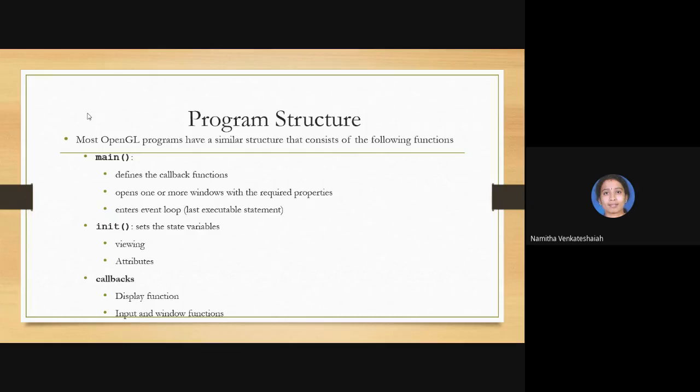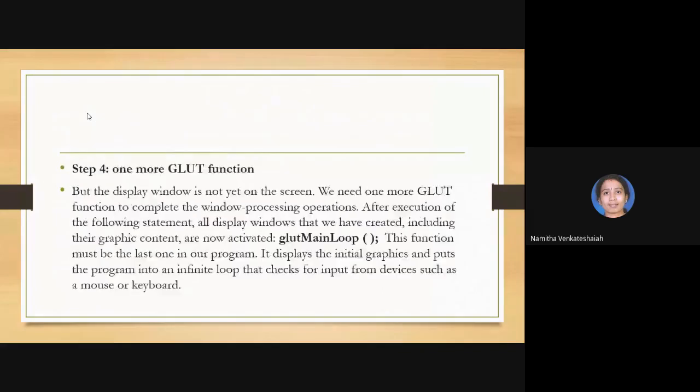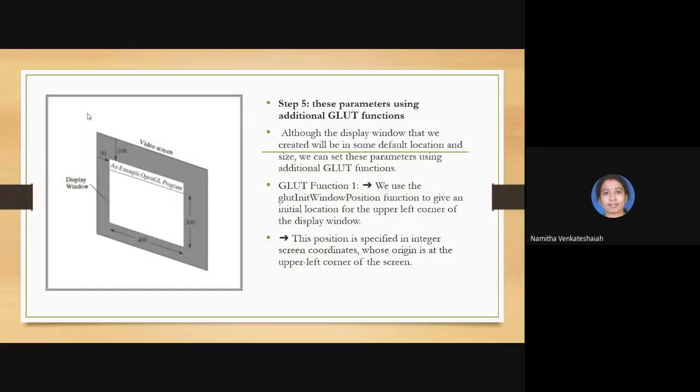So in today's class, we will be developing a simple computer graphics program, which will be the basic building block for your learning of computer graphics. We want to achieve output of this kind. Look here. I hope my mouse pointer is visible.